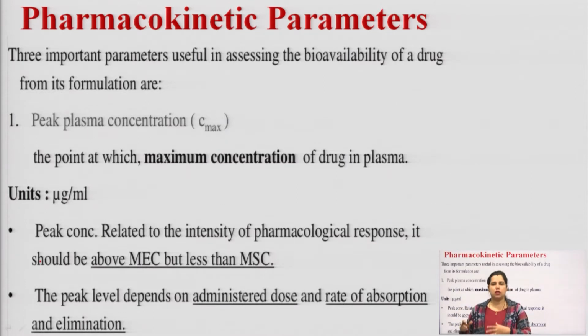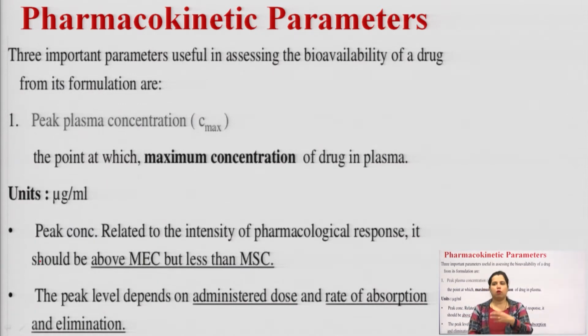But now in the coming sessions, we focus only on the pharmacokinetic parameters: why they are important and how they are calculated. They are useful in assessing the bioavailability of a drug from its formulation.